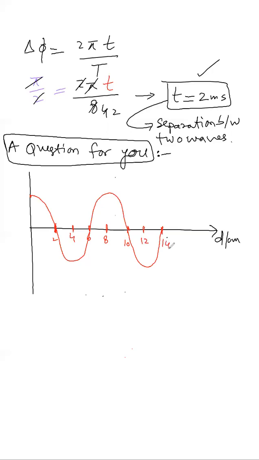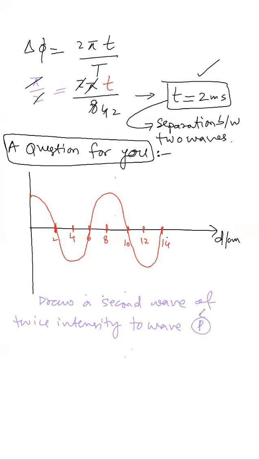Okay, what you have to do is now you have to look for a second wave, or you have to draw it actually. Draw a second wave of twice intensity to wave P. Let's say this wave is P, and along y-axis is displacement, that is in millimeter. So right now the displacement shown is, let's say, 2 and minus 2.